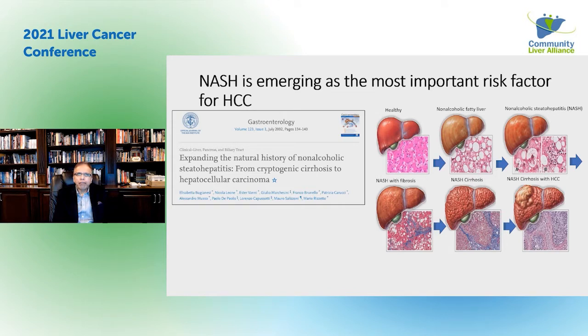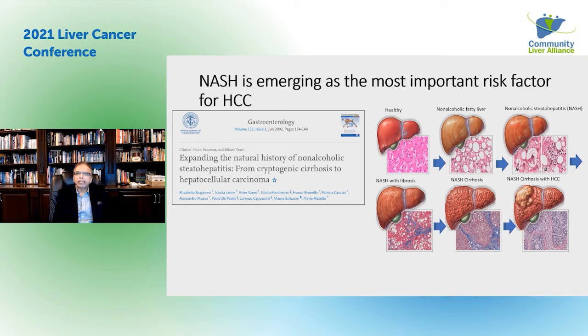Now, more recently, we have seen NASH emerging as the most important risk factor for hepatocellular carcinoma. So again, it's the same pattern of chronic injury. So moving from a healthy liver to non-alcoholic fatty liver at the top, meaning there is fatty infiltration.